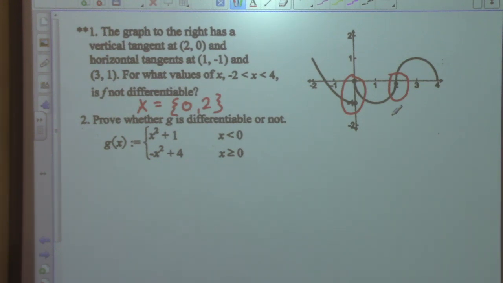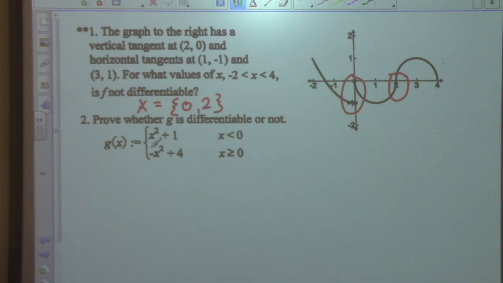Next, prove whether g is differentiable or not. And here you have a piecewise function. And here I'm going to set this up for you, because you hadn't seen this. First you test for continuity. And you say, does g exist here? Yes.